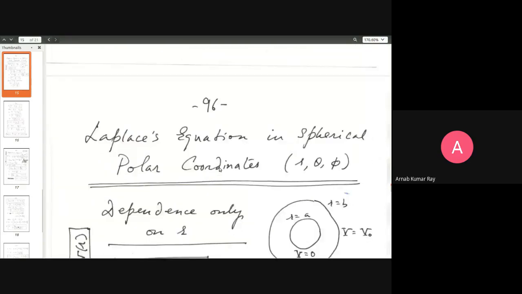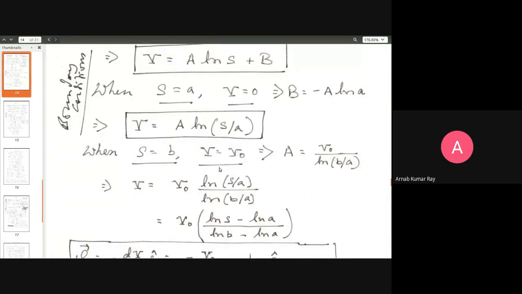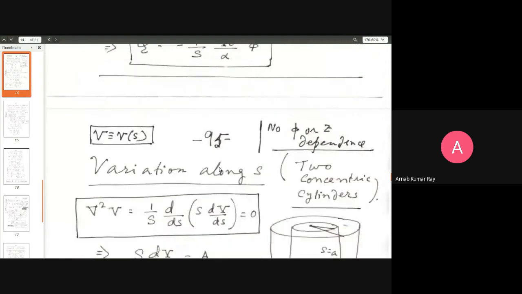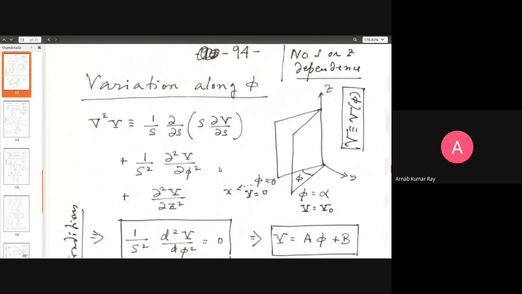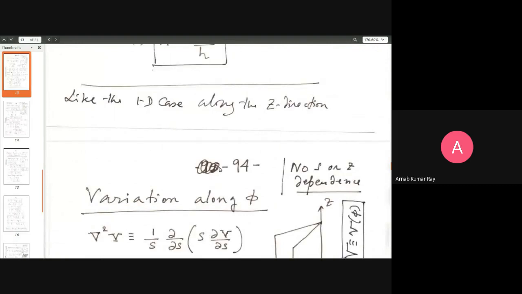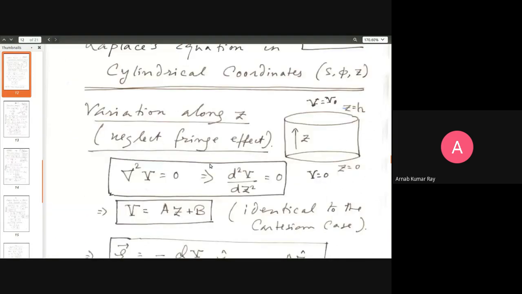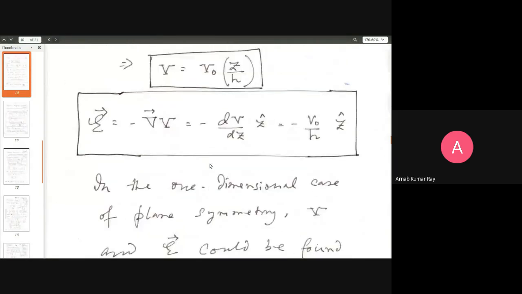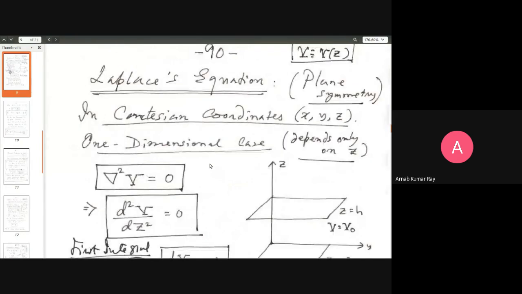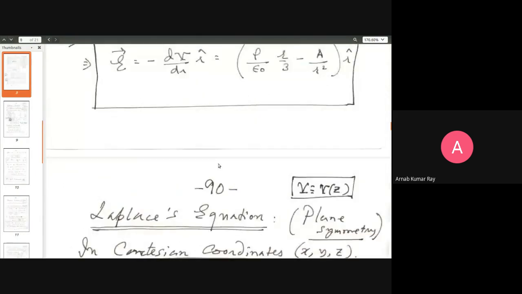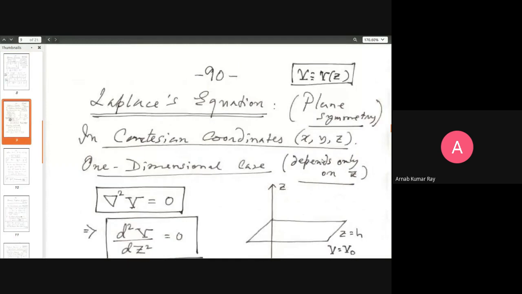So let us begin now. If you recall what we discussed a week ago, last Wednesday, because Friday we did not have classes, we were discussing the solution of Laplace's equation depending on only one variable in all the three coordinate systems. Earlier we had talked about solving Laplace's equation in the Cartesian coordinate system x, y, z.